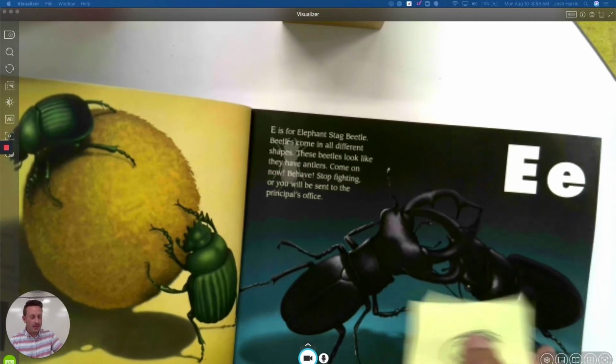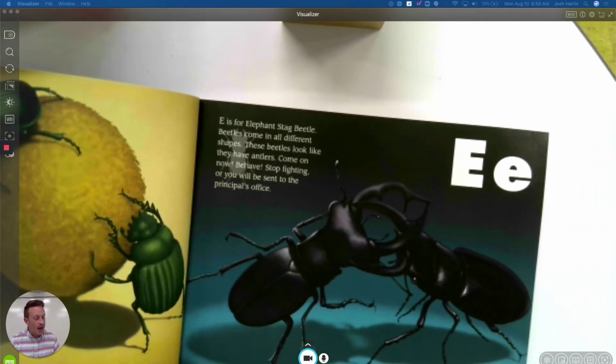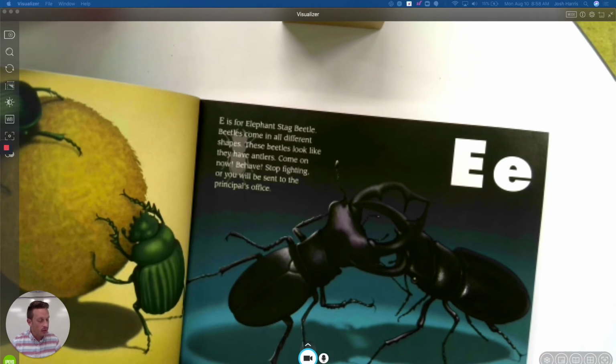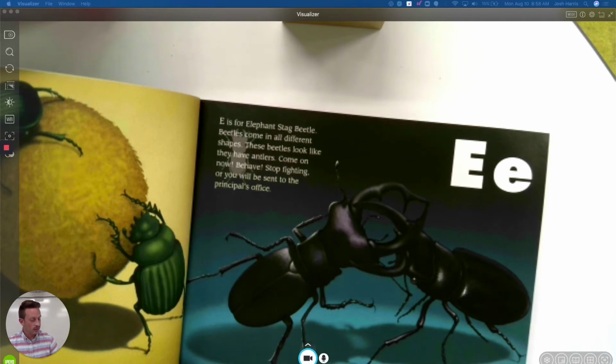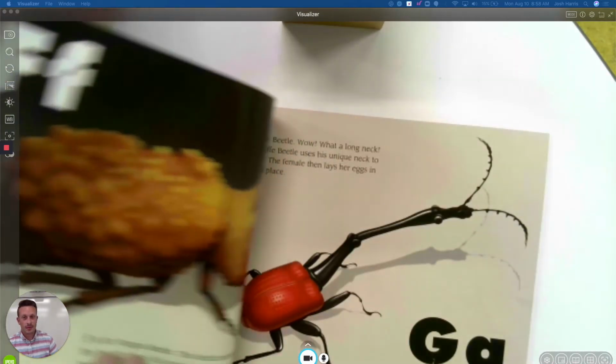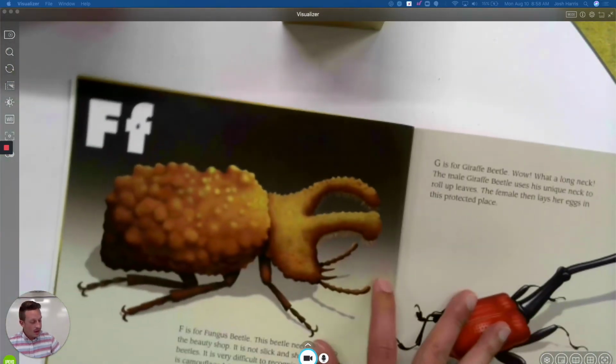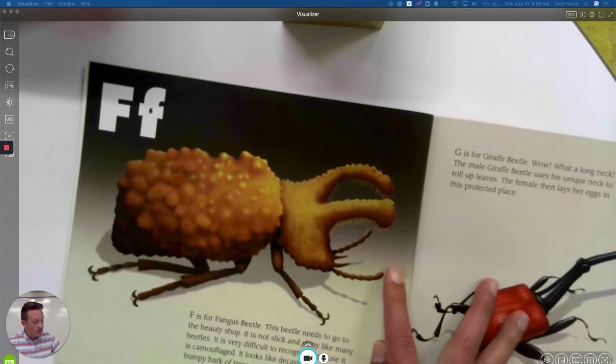All right. E is for elephant stag beetle. Beetles come in all different shapes. These beetles look like they have antlers. Come on now, behave, stop fighting, or you'll be sent to the principal's office. F is for fungus beetle.